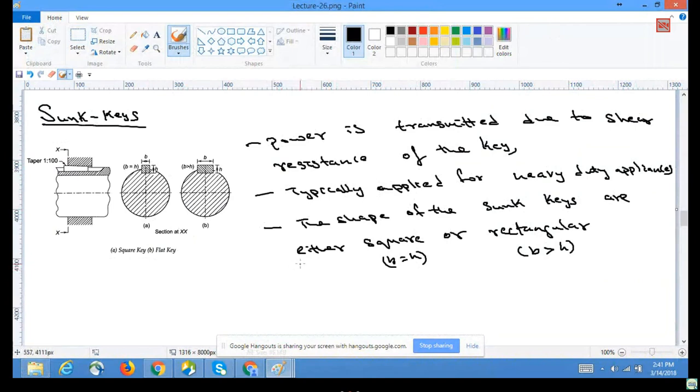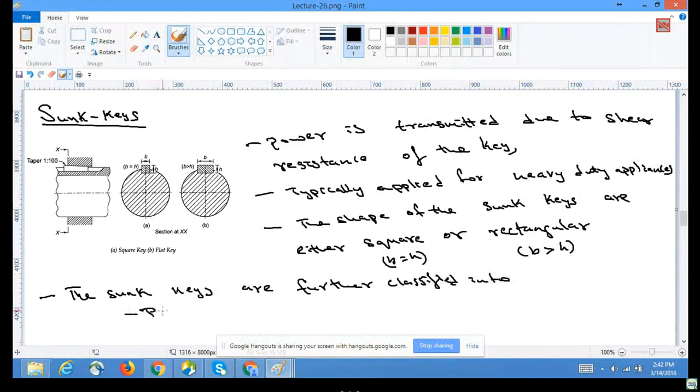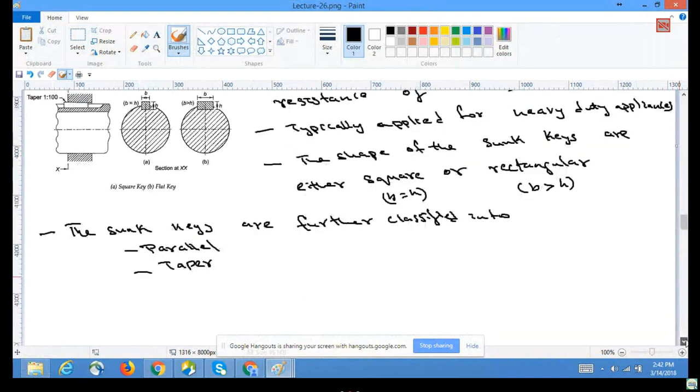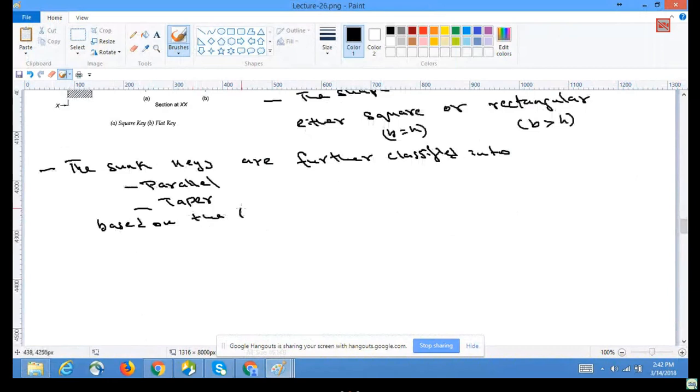Further, the sunk keys are further classified into parallel or taper based on the tapering in thickness.